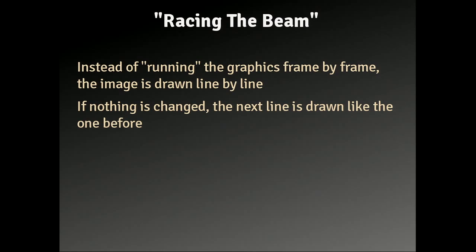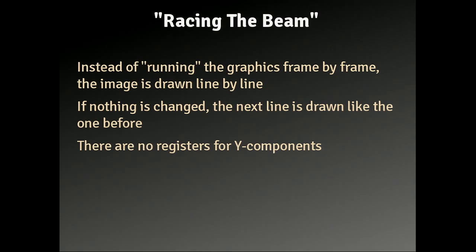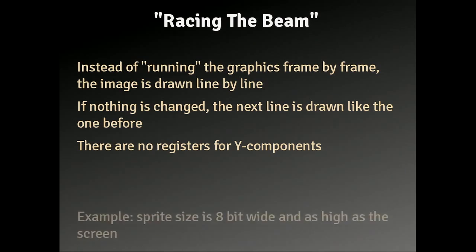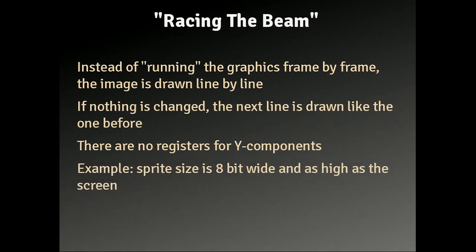So very typical back in the days, the games were designed on the hardware. If the software you wrote crashed, you would just see some stripes going down the whole screen. The other side is we don't need any registers for Y components because we are doing it as the beam travels along, so we've got to count which line we are on.